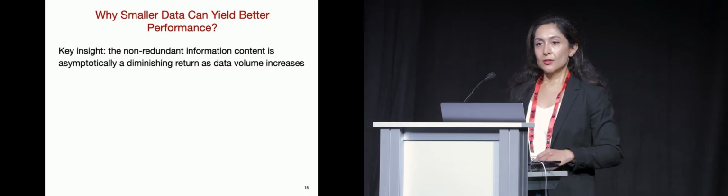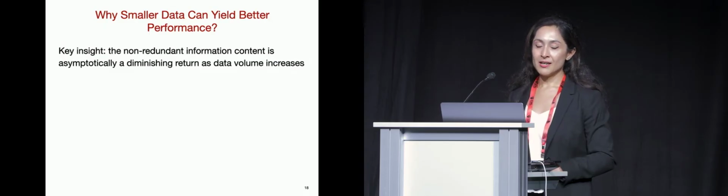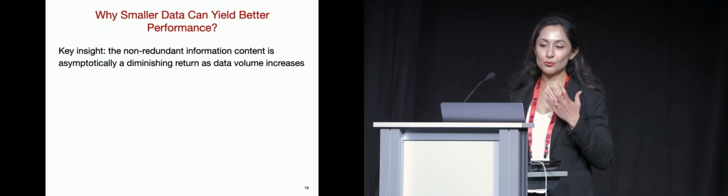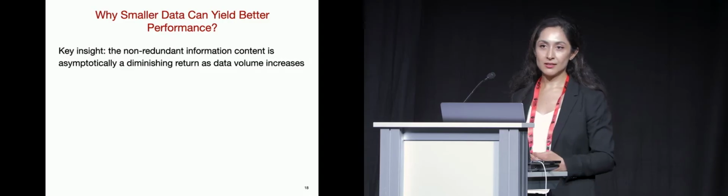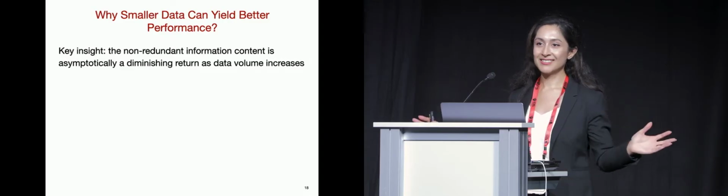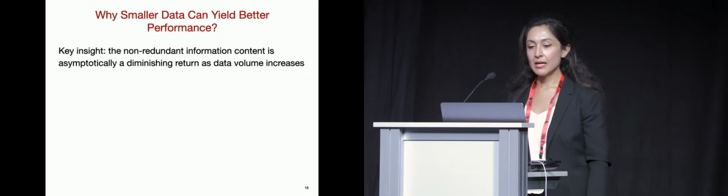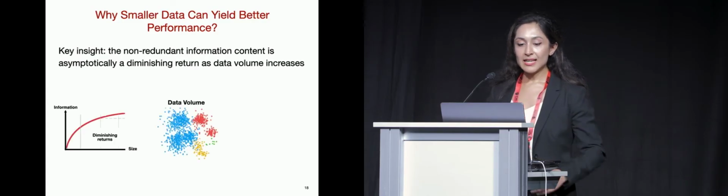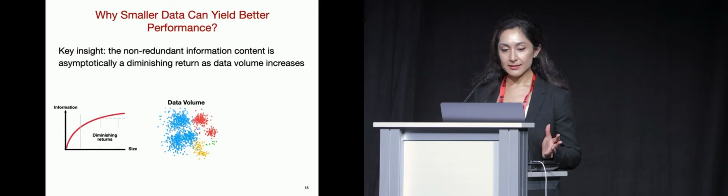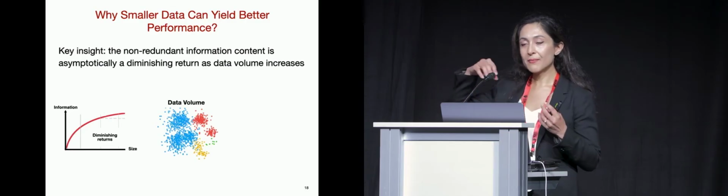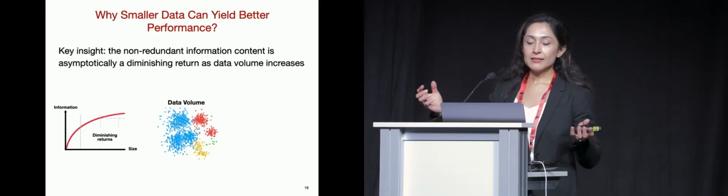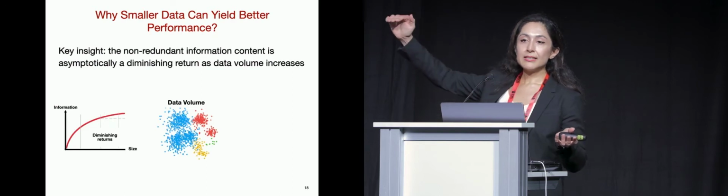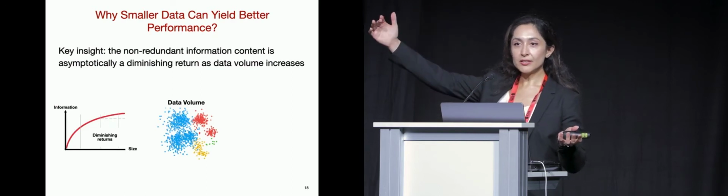Okay. So first question: why can we even expect to do better with smaller data compared to large data? We know that the more data, the better, right? The key insight is that as we increase the size of our data sets, the amount of information in these large data sets is not increasing linearly. There are diminishing returns.